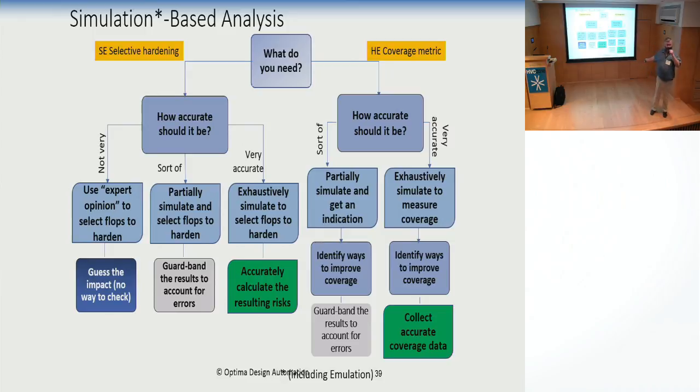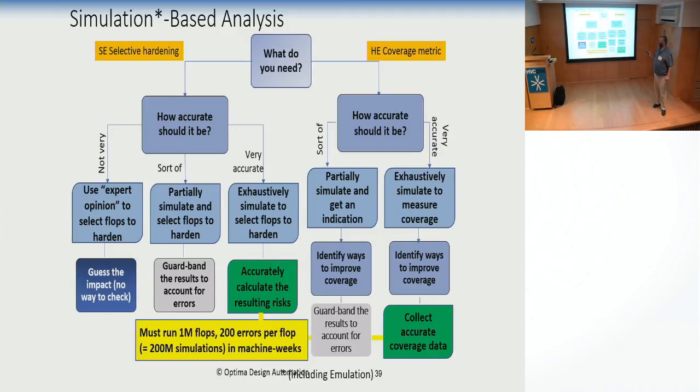It has some path of improving coverage, which is always bad. Coverage of functional tests is always bad. All you need is something that can run a simulation of a 100 million flop design, 200 errors per flop, which means 200 million simulations in a week or two. That's what you want, and up to recently, this was not available in the market.